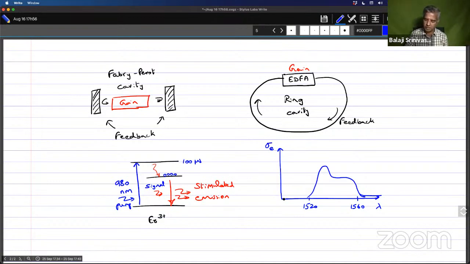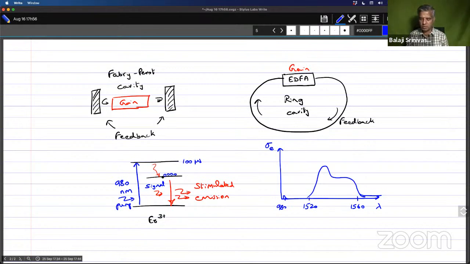You're pumping somewhere over here at 980 nanometers, right? Sorry, I didn't mean to write that way. So there, the emission cross section is very low because this particular level is actually very short-lived. So it cannot actually stay there and emit.